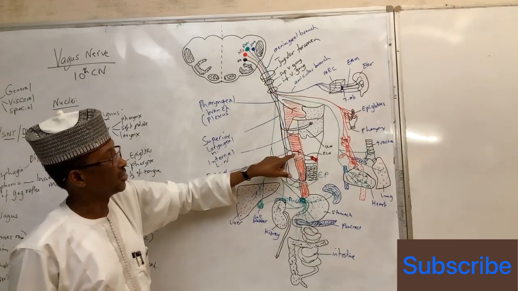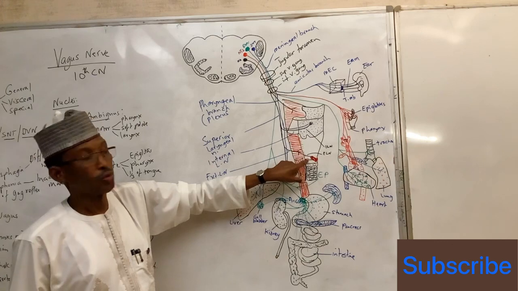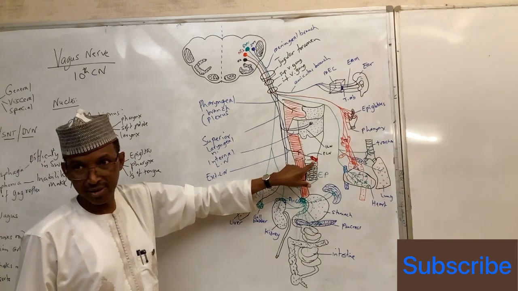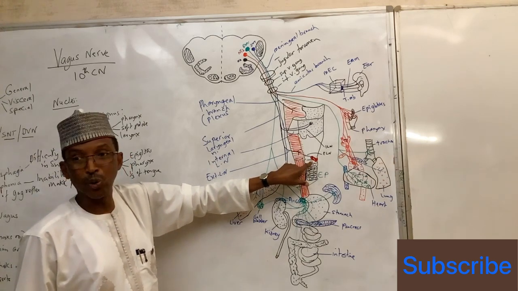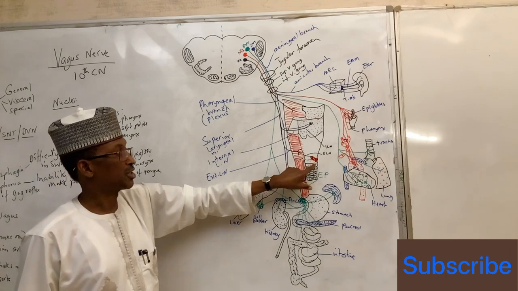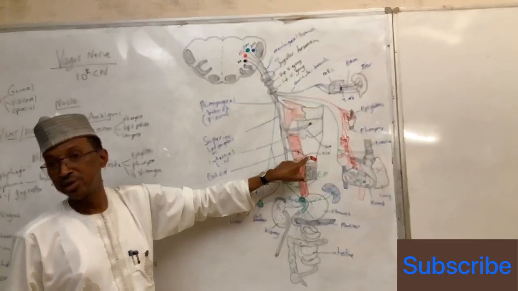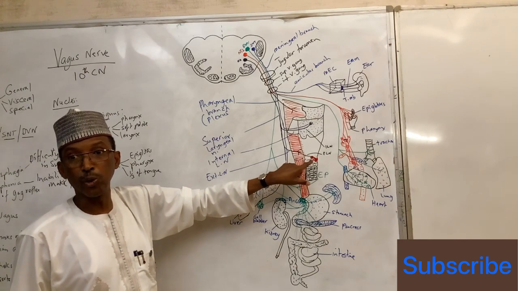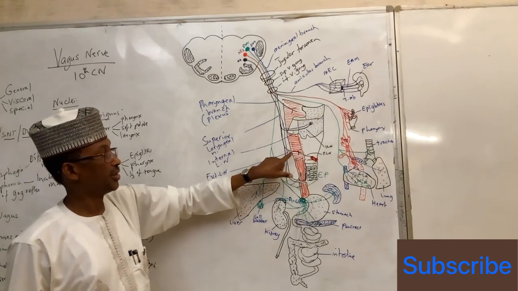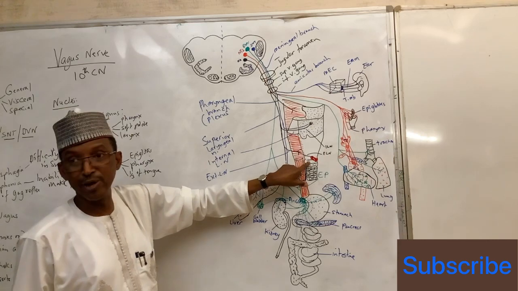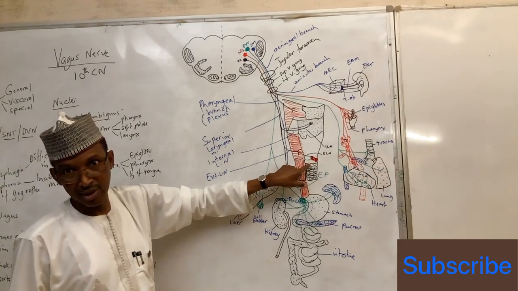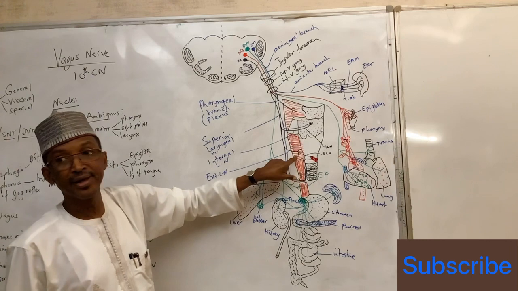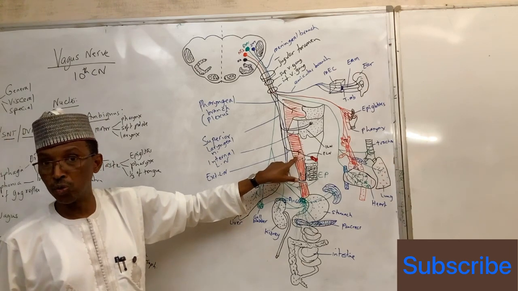The external laryngeal division is motor to one small muscle that originates from the cricoid cartilage and spans upward to attach on the thyroid cartilage. This is what we call the cricothyroid muscle. So this nerve mainly supplies this muscle, but occasionally it may also supply the inferior constrictor muscle.